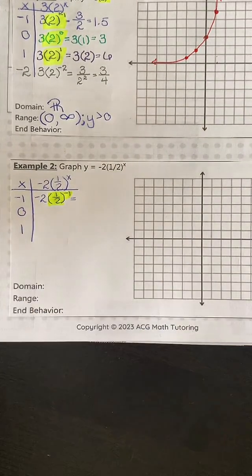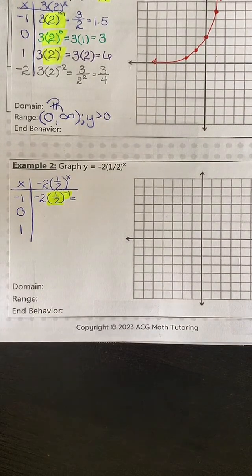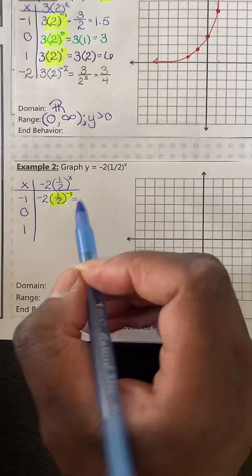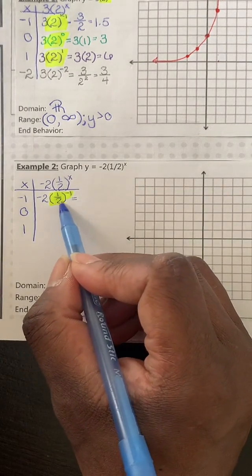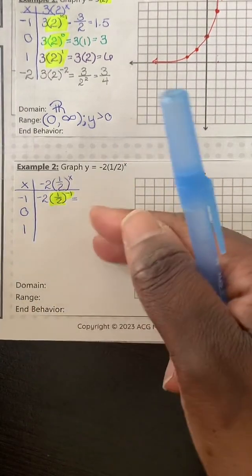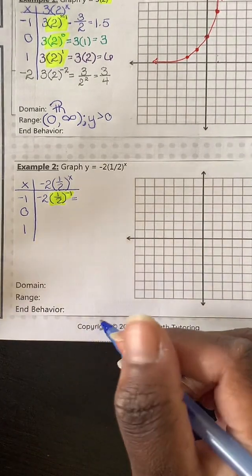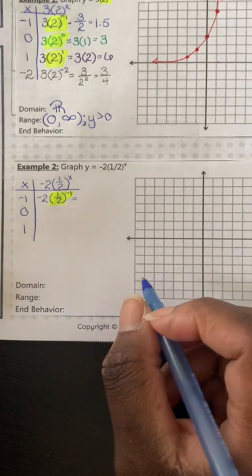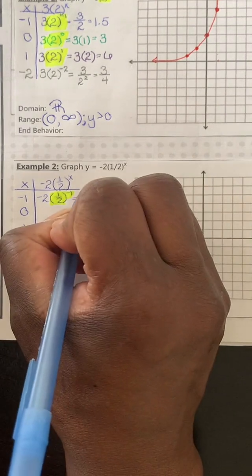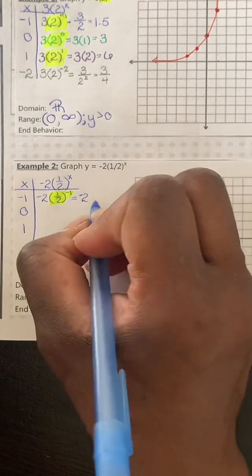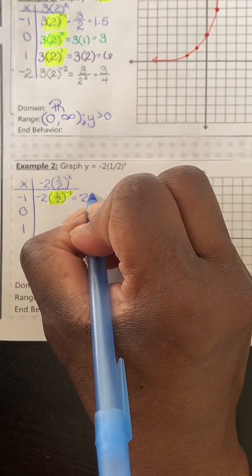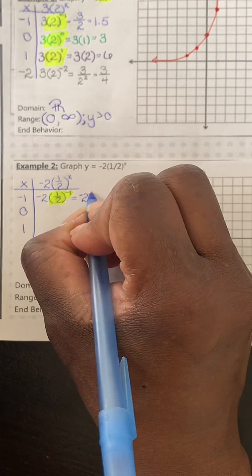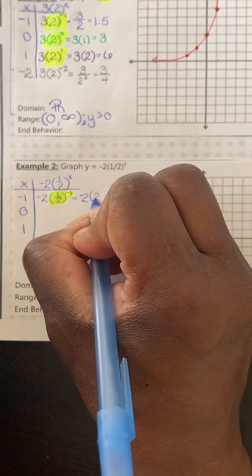Don't multiply the -2 and the 1/2. Anytime we have a negative exponent, we have to flip. So I keep that -2, and instead of a 1/2, it's going to be a 2/1 raised to the first power. And 2/1 is just simply 2.